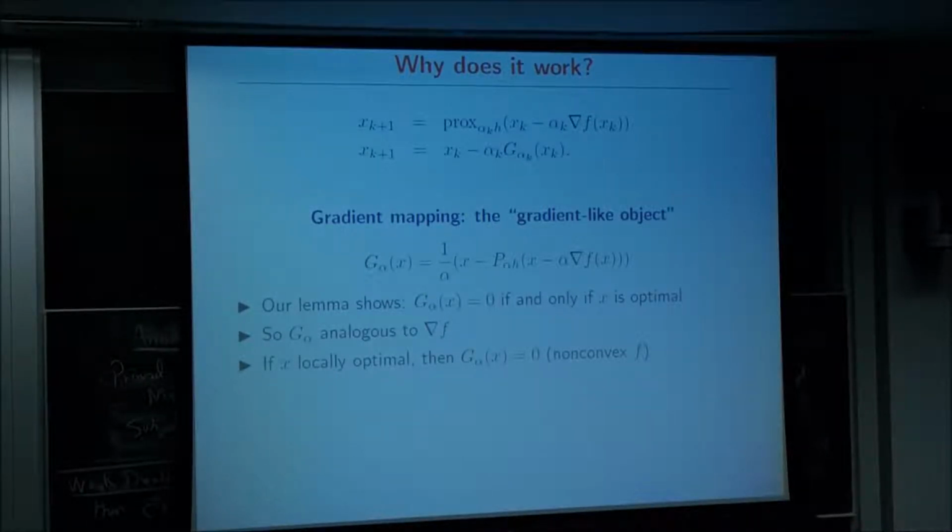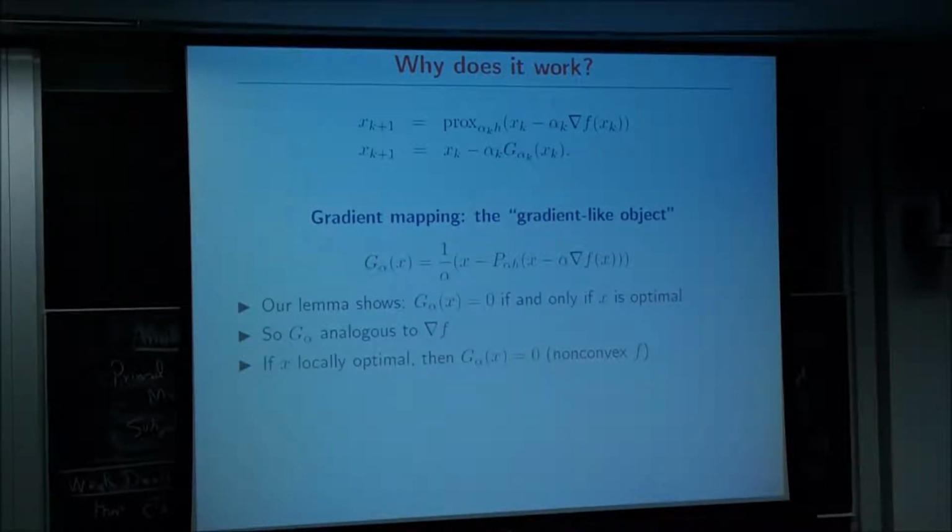So in the unconstrained case, that's exactly what would have happened to the gradient. So in fact, if you look at the proof on the previous slide, you can look at it again. It in fact says that if x is locally optimal, then also the gradient mapping disappears. For that gradient mapping, only the if and only if part depends on convexity of f. Otherwise, if x is locally optimal, then it disappears.